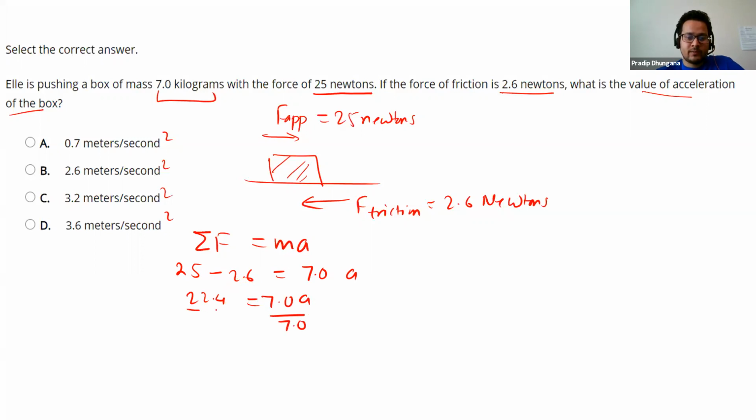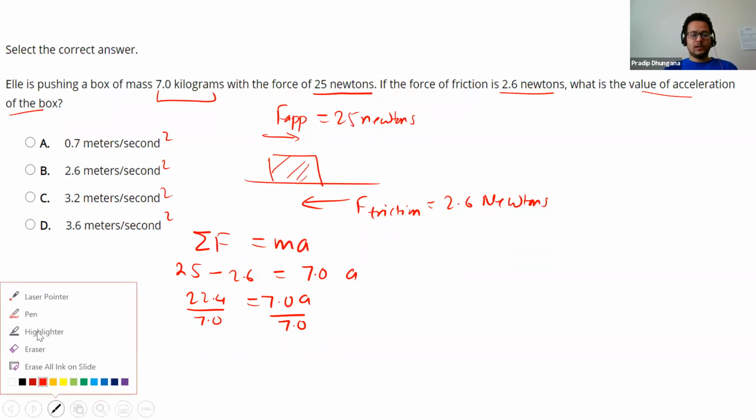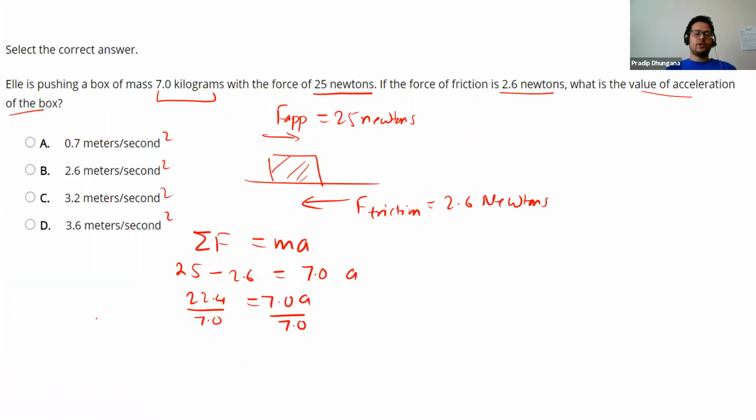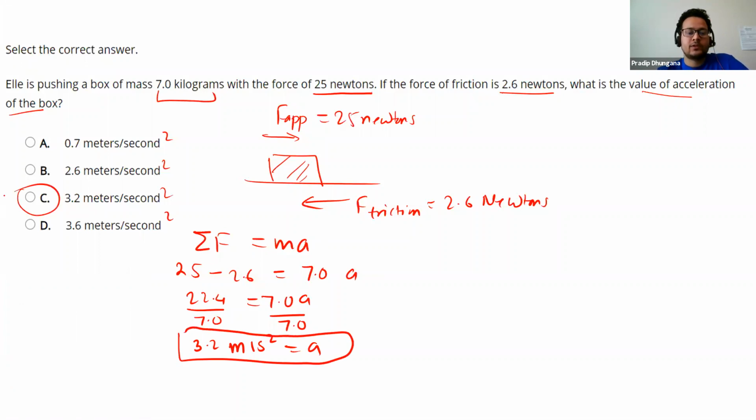Divide both sides by 7. 22.4 divided by 7 is 3.2. So 3.2 meters per second squared is the acceleration. The correct choice is C.